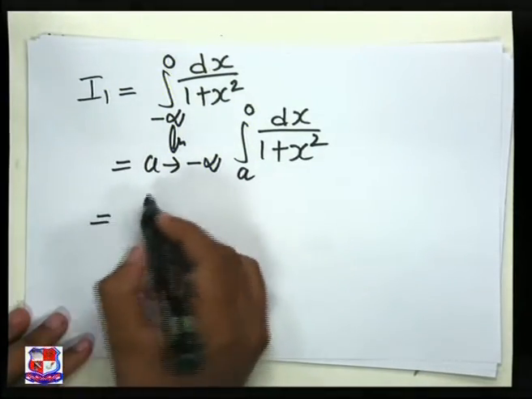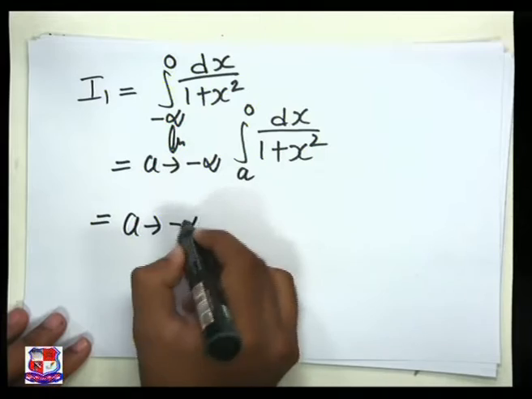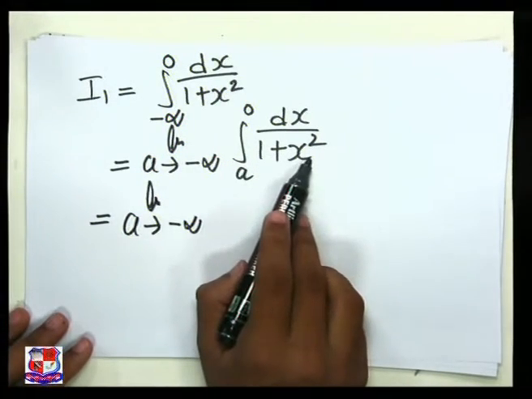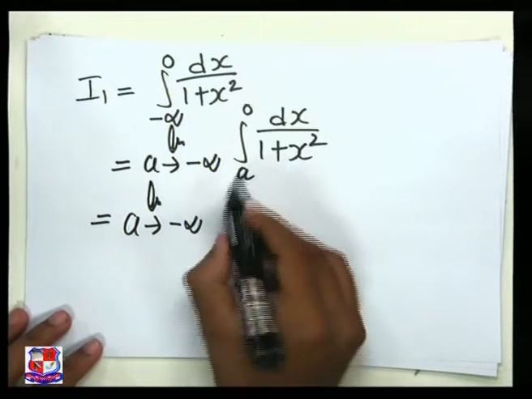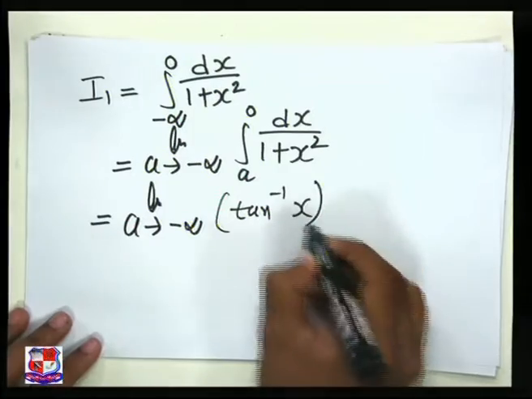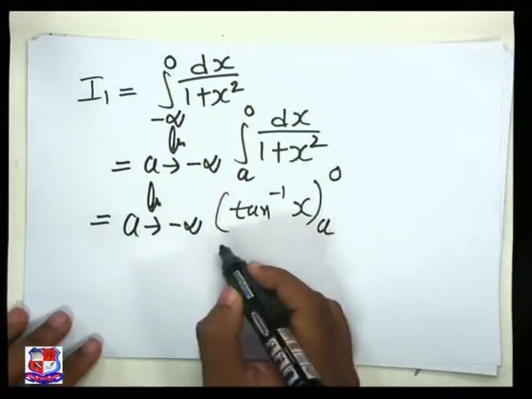So this equals the limit as a tends to minus infinity. The integration of 1 upon 1 plus x square is tan inverse x. So this equals tan inverse x from a to 0.